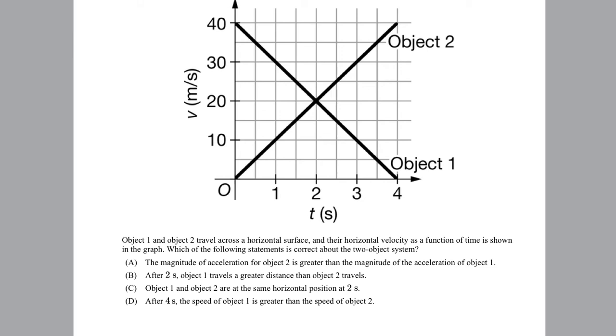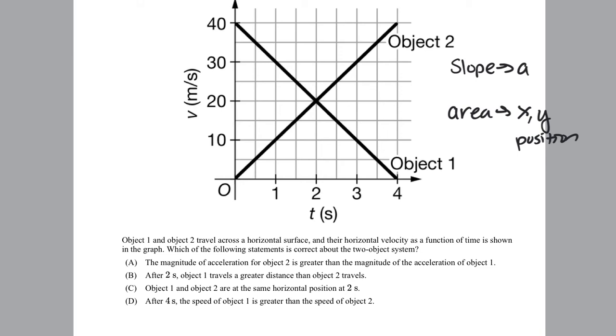Okay, number 9. We have a velocity versus time graph. Remember that on a velocity versus time graph, the slope gives us acceleration, and the area gives us position. Knowing that, we need to find the correct description.